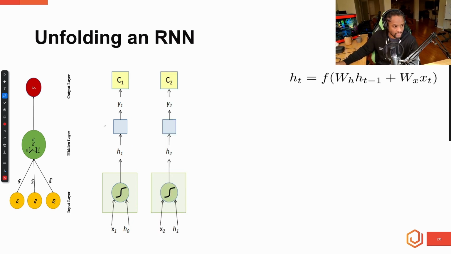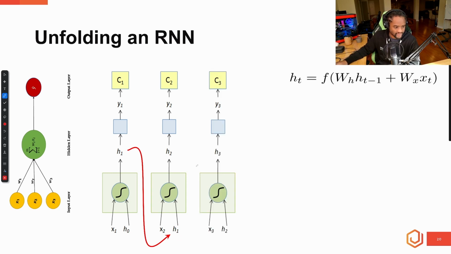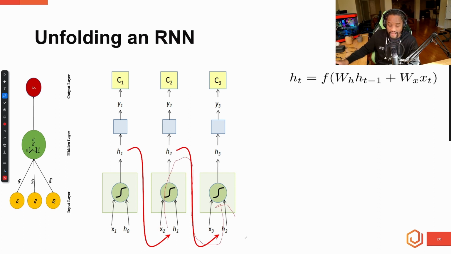So X2 has H1. Interesting. X3 has H2. These H's come from the previous X. So X2's H goes into the next inference.